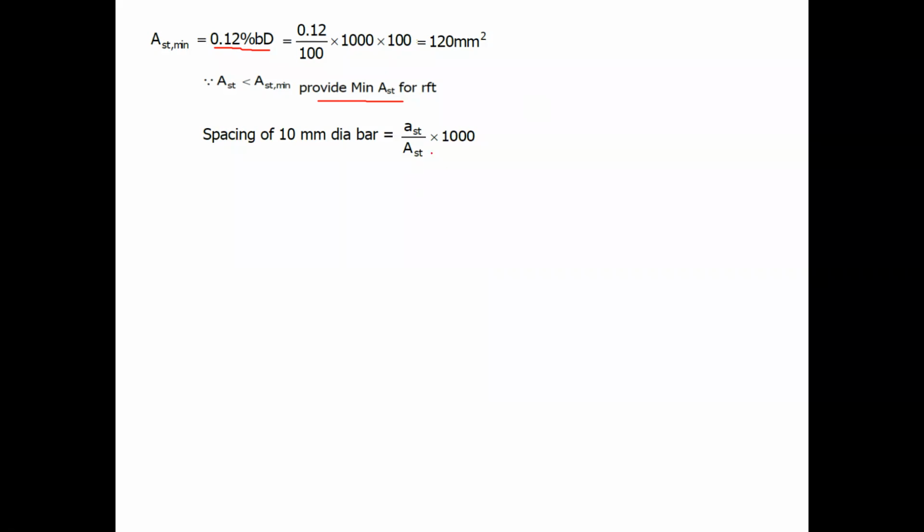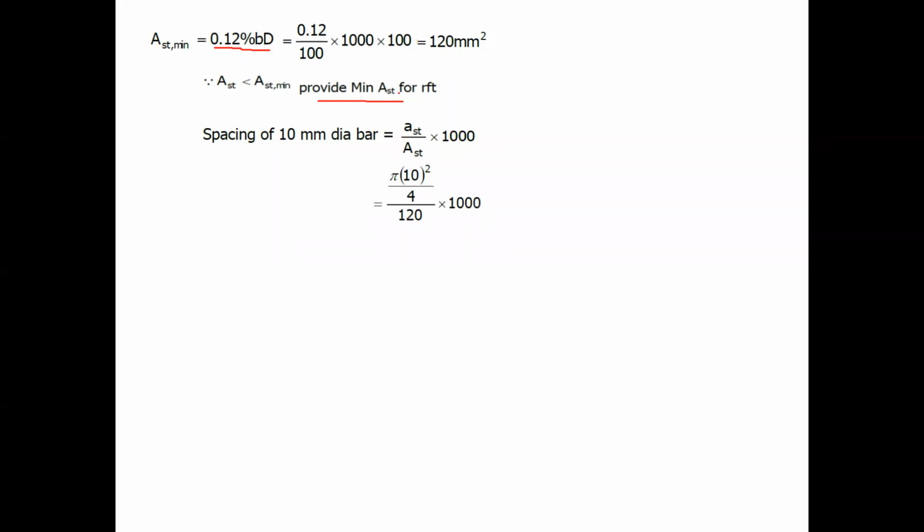Suppose if you want reinforcement, this will be the reverse case. But here in the slab, you are not going to calculate the number of reinforcement bars. Is it clear? When you give the spacing, you will get the number of reinforcement bars, right? Are you getting my point? Yes, sir. So it will be pi d square by 4 divided by AST.